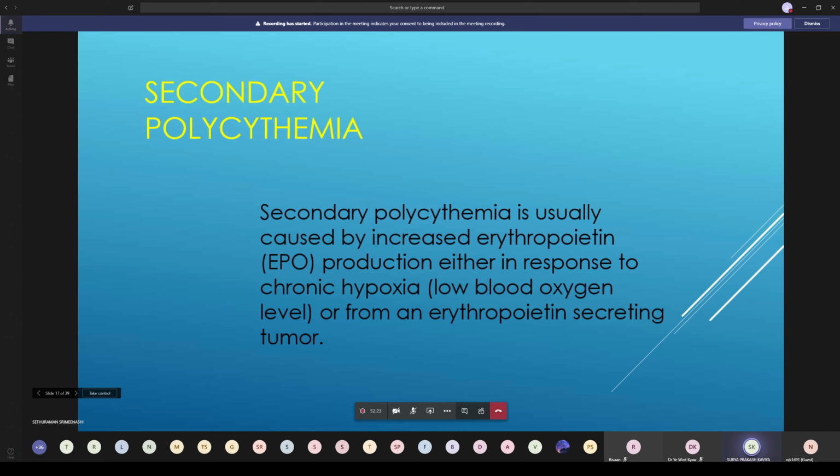It is caused by increased erythropoietin production, either in response to chronic hypoxia or from an erythropoietin secreting tumor. This chronic hypoxia is a lung damage due to trauma. Other things can cause hypoxia, including lung disease such as chronic obstructive pulmonary disease, COPD, and hypoventilation syndrome, chronic heart diseases.